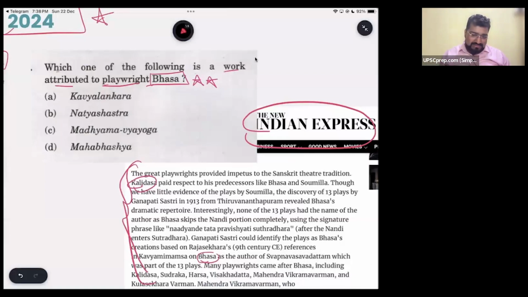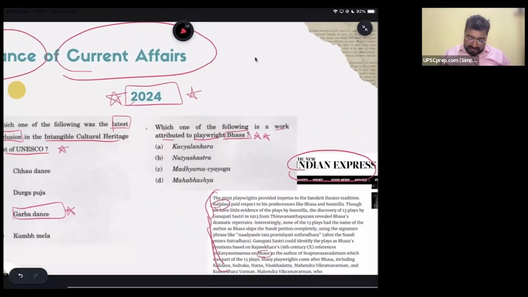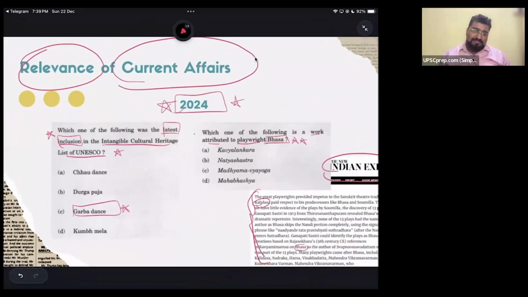So let me tell you why we are discussing all these things. We are discussing them to tell you that you should not ignore current affairs associated with ancient, medieval, and art and culture. Got it? There was a question in 2022 with respect to Mitakshara of Vijnaneshwara. Why was it in the news?